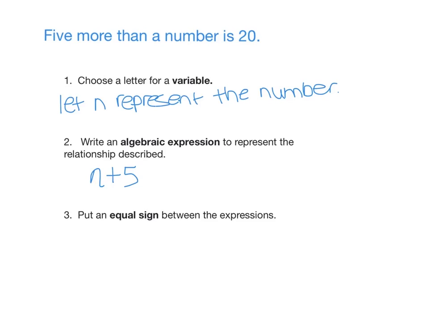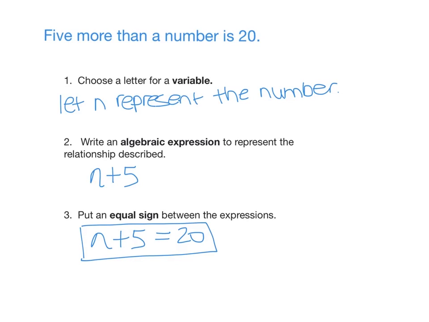What we're missing here is the "is 20". So we put an equal sign between n plus 5 and 20 in order to turn it into an equation. The way we would write it is n plus 5 equals 20. So this is our algebraic equation.